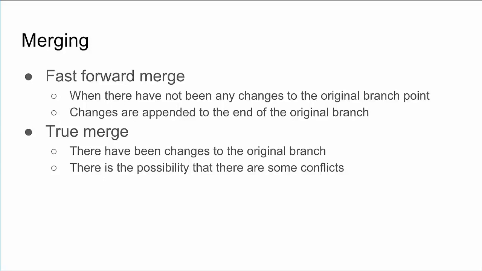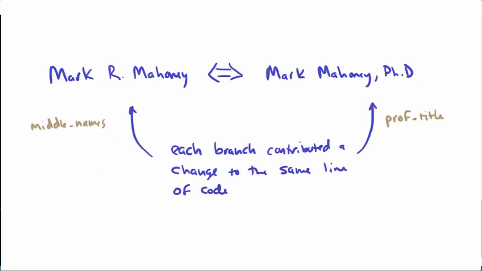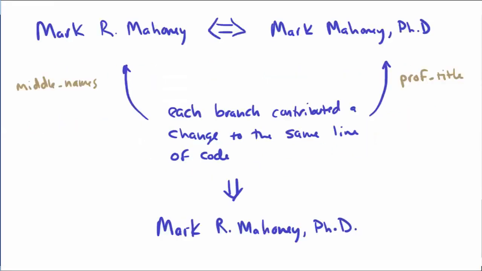So if we try and merge the middle names branch into the master branch, we can no longer just add the change sets to the end of the master like we did before, because the professional title changes have already been merged in. So there's going to be a conflict on the line with the middle initial and the professional title. Okay, the developers of each branch have to work together to come up with the correct text for that one line, which it's pretty obvious for us just looking at the code what it should be.